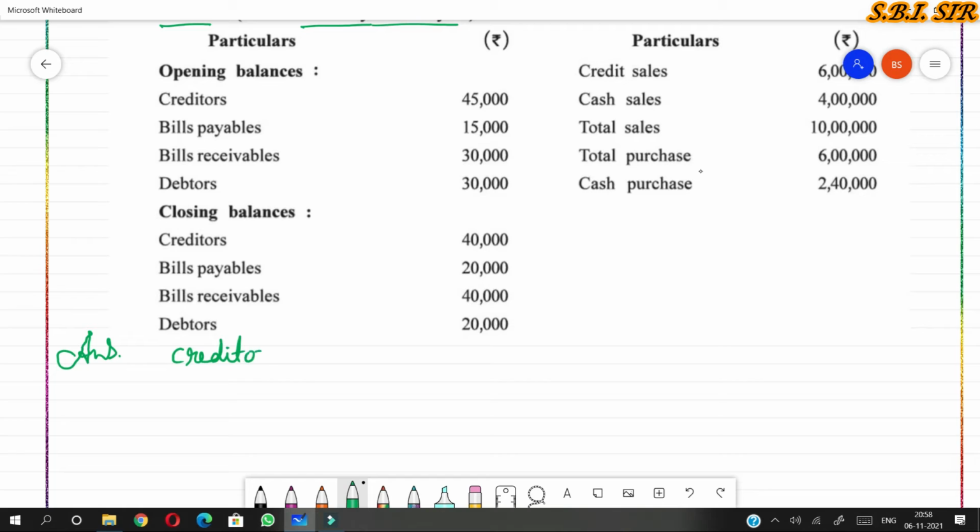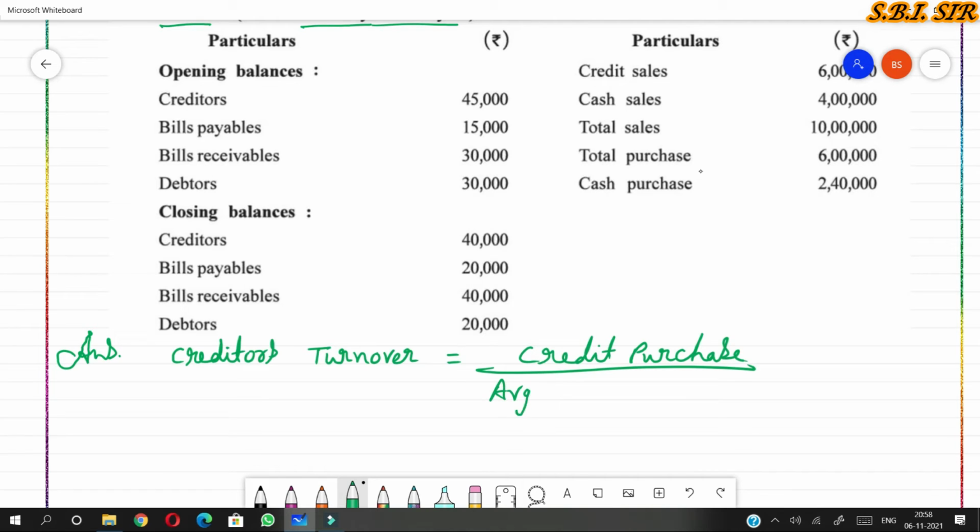The formula for creditors turnover equals credit purchase divided by average trade payables. Here credit purchase is not given, but we can find it out from total purchase and cash purchase.